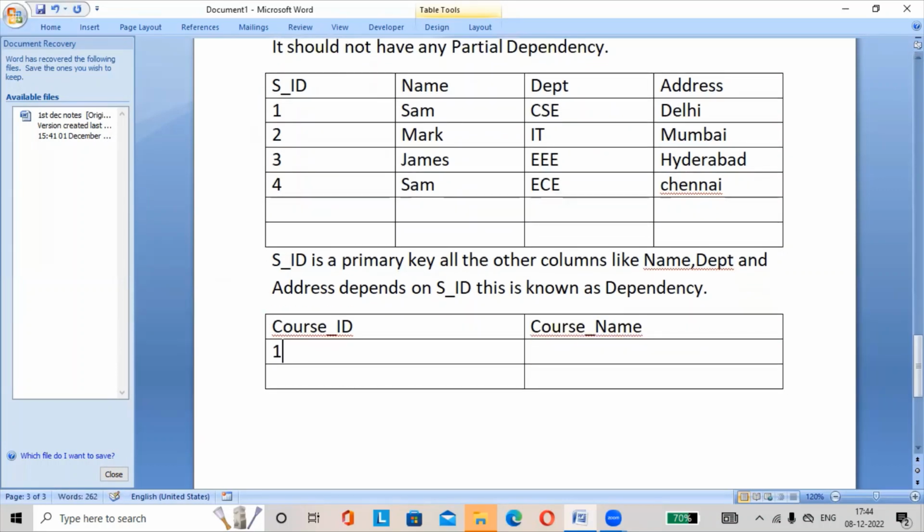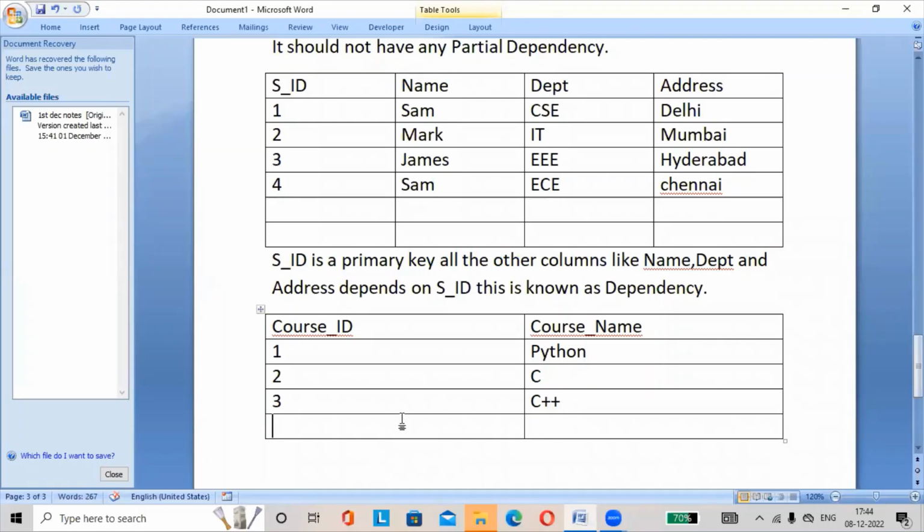Course ID 1 for Python, course ID 2 for C, C++ the course ID is 3, then 4 Java.